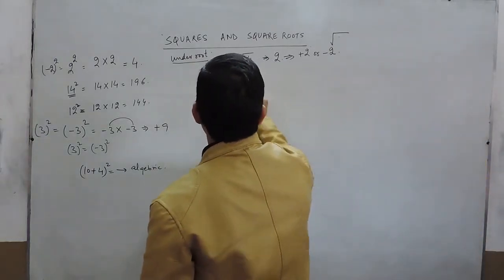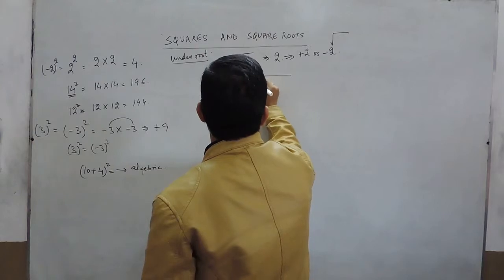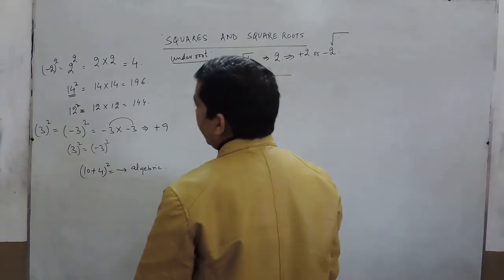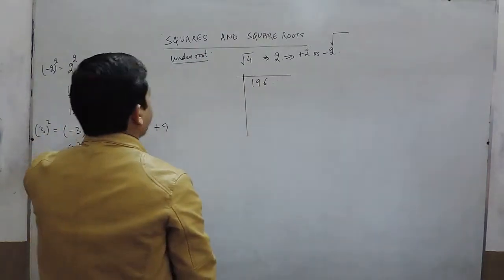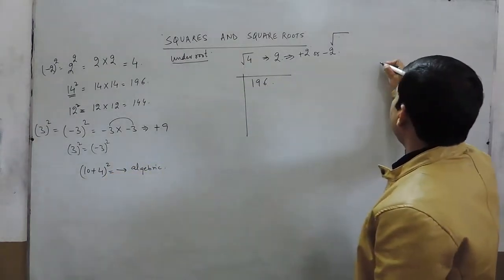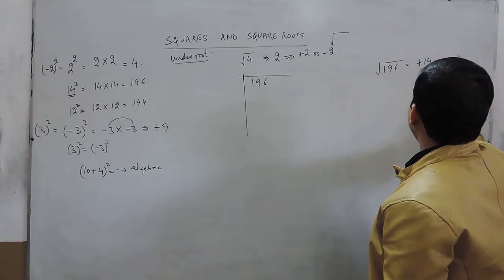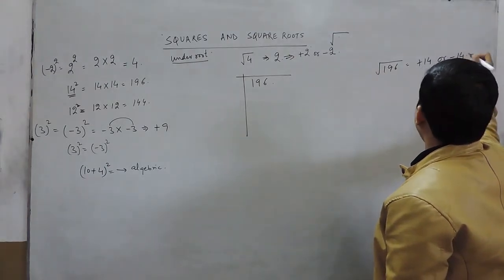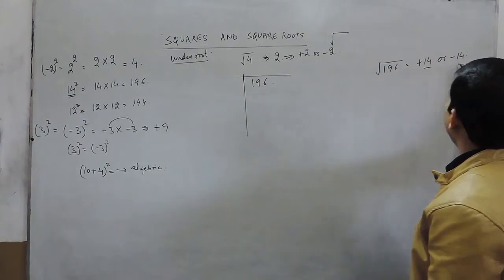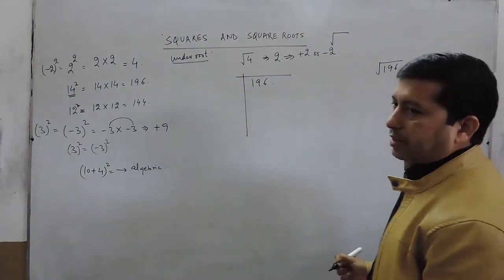Suppose we have to calculate the square root of a number like 196. Here we know that 14 square is 196. So it is very clear that the under root of 196 is equal to either plus 14 or minus 14. So both are the answers for the under root of 196.